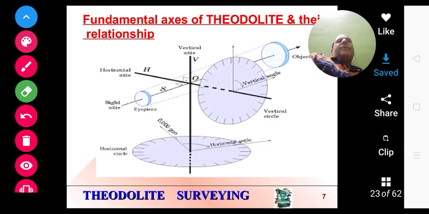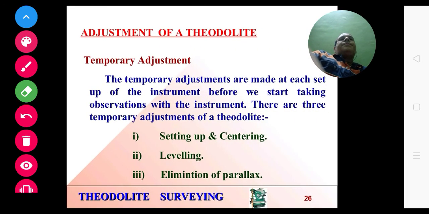The vertical axis is perpendicular to the horizontal axis, the line of sight is parallel to the axis of telescope, and the line of sight and axis of telescope are perpendicular to the vertical axis, and their correlation as we have seen in your dumpy level also. Then the main part after the different axes of the telescope is the temporary adjustment of the theodolite.